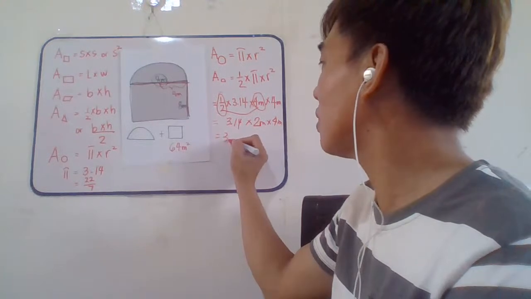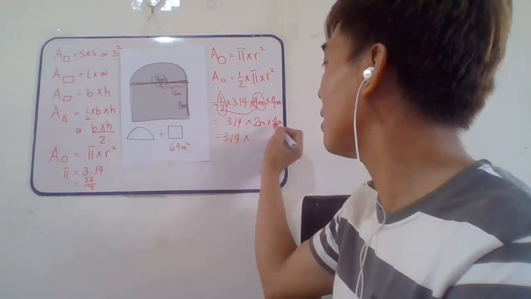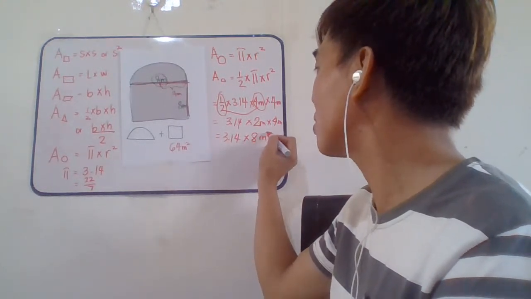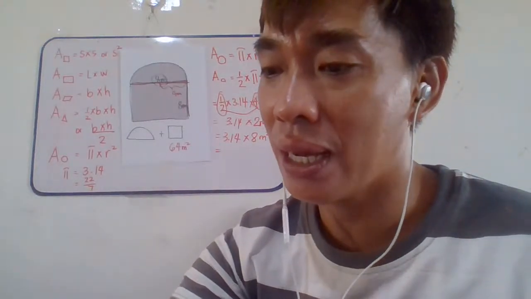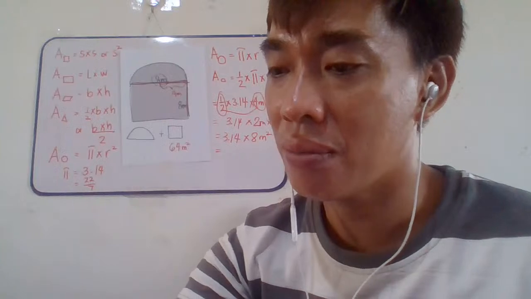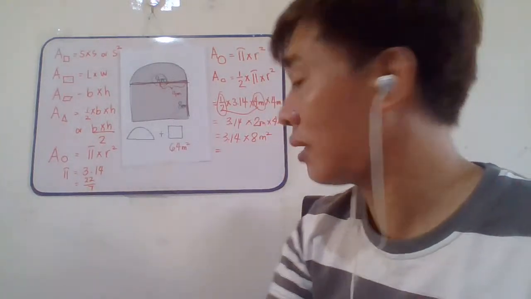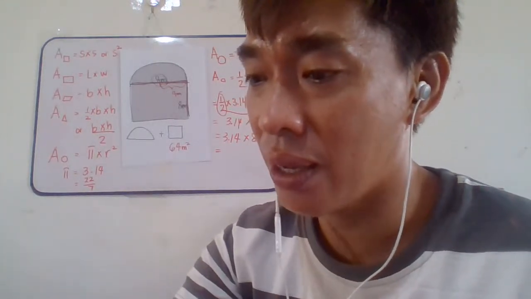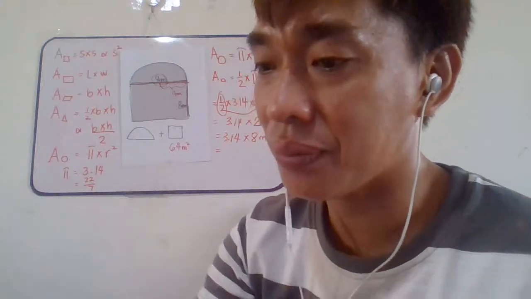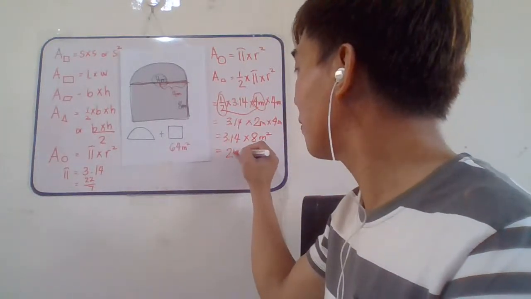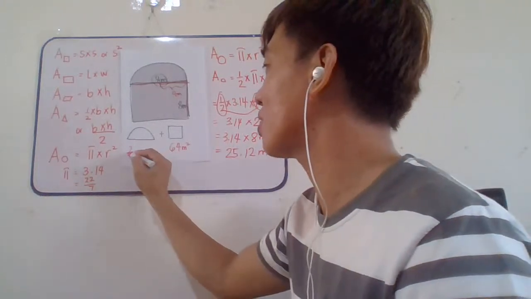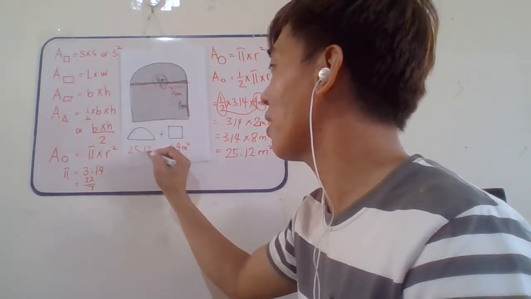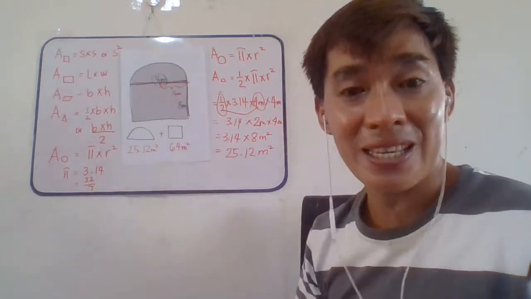So that is equal to 3.14 times 8 meters squared. So all you have to do is multiply 3.14 by 8 meters. That will give us 25.12 meters squared. That's the area of the semicircle.